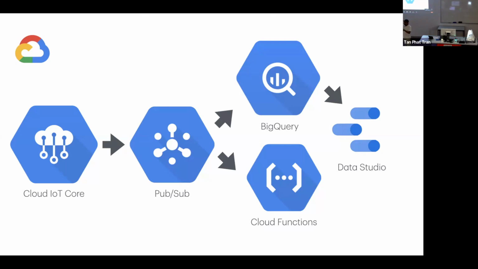I'll tell you what we did with the cloud function. Then we used a Data Studio dashboard for the clients to see. So technically, we built a lot of the software part of our system using this architecture, which reduced a lot of work and made our life a lot easier.